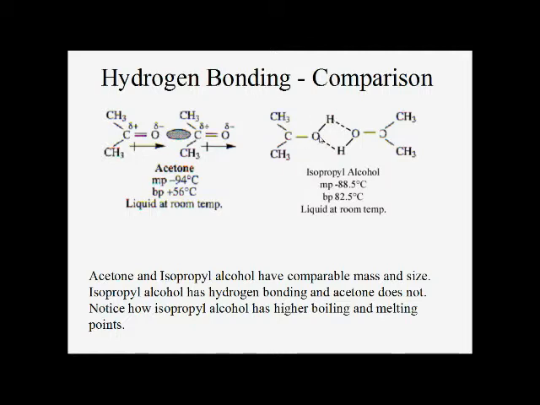So now we have hydrogen directly on the oxygen. We compare the melting points and boiling points of these two. The melting point and boiling point are lower for acetone. So the dipole-dipole is weaker than the hydrogen bonding. Hydrogen bonding is stronger. So the hydrogen bonding holds it as a solid until a higher temperature and holds it as a liquid to a higher temperature.